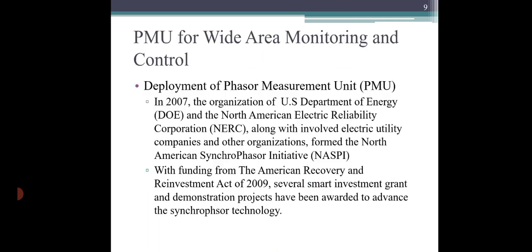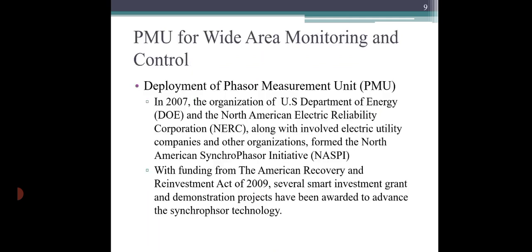PMU for wide area monitoring and control. The use of a PMU in a wide area monitoring and control system. Development of the phasor measurement unit.